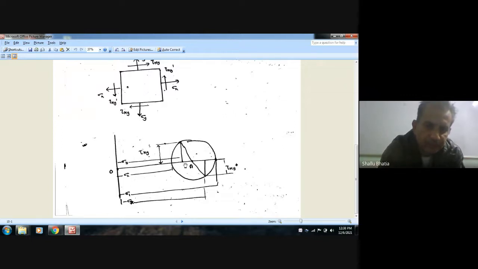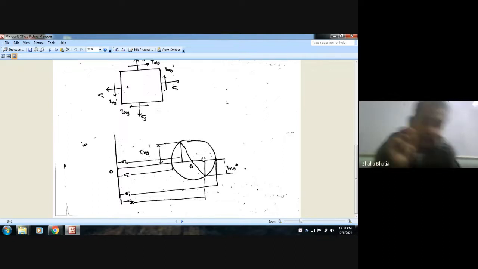Now we can see that the distance OA will remain the same and will be equal to the average of sigma x and sigma y, or the average of sigma 1 and sigma 2, or the average of the stresses acting on perpendicular planes.